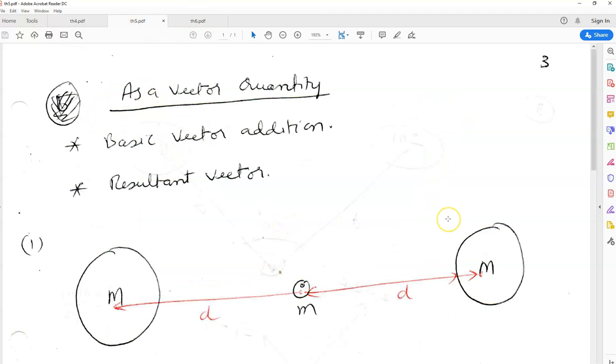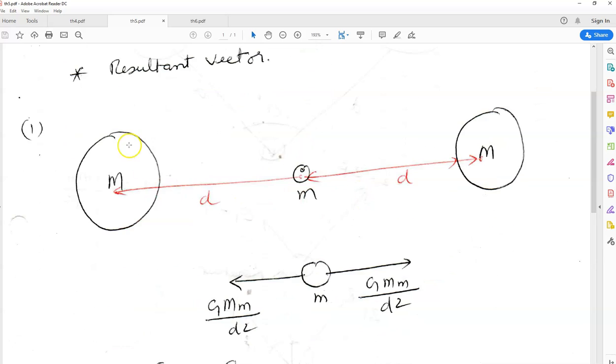You know that force is a vector quantity, and you might get problems where you have to use your vector knowledge. So you must know how to do basic vector addition and how to find the resultant vector. Here I have two equal masses, and a small mass m in between, exactly equidistant from both.